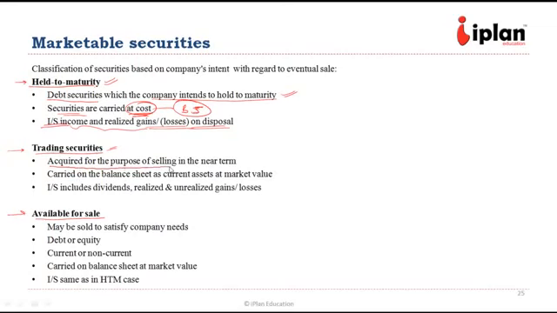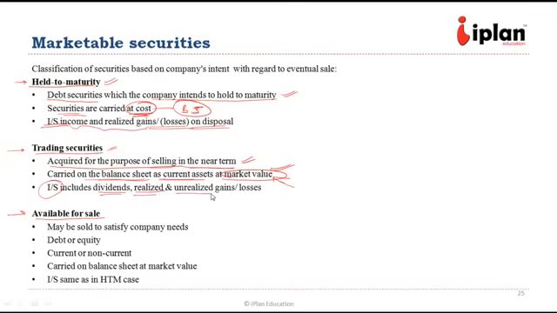Now let us look at the trading securities. These are the securities which are acquired for the purpose of selling in the short term or near term. There is no long-term intention to hold them. So they are carried on the balance sheet as current assets at market value. Here we are not looking at the historical cost or amortized cost. We will just put them at market value, since the intention is to sell them in the near term.